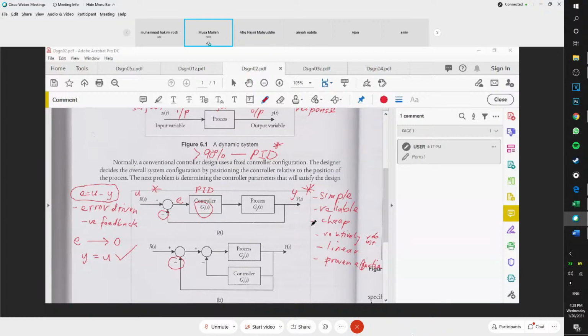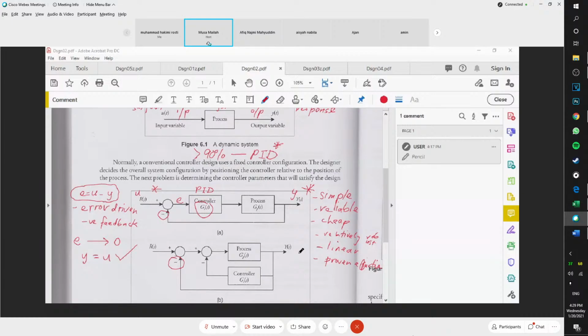There is too much literature. If you search on the internet, for example, or go to the library, you can find many good books on PID. There you can find a lot of things. So PID is very popular because it is well proven. It is a much-researched controller, right?